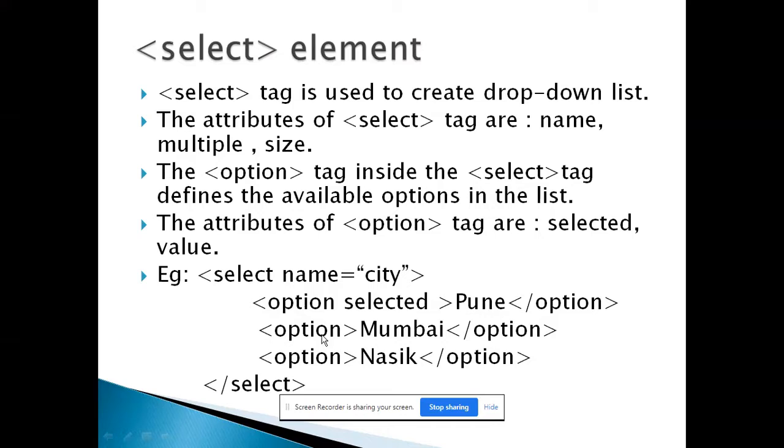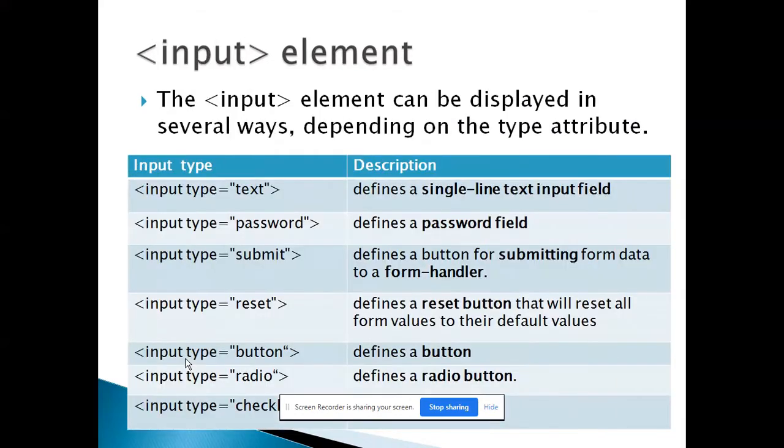So next one, option Mumbai and close option, option Nasik and close option. Finally, when the entire list is done, you can close it with /select. Okay, so this is the select tag that we can use inside the form tag. We've already used this in our 11th standard.